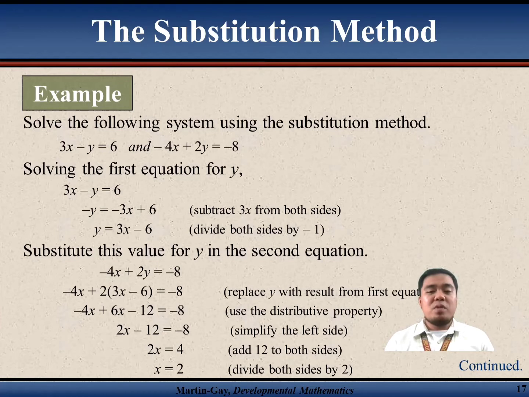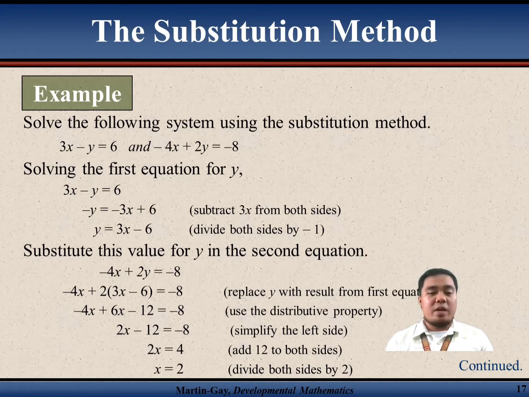What I am going to do is substitute that one into the second equation, which is -4x + 2y = -8. So what happens is -4x + 2(3x - 6) = -8, since I substituted the value of y coming from the first equation.